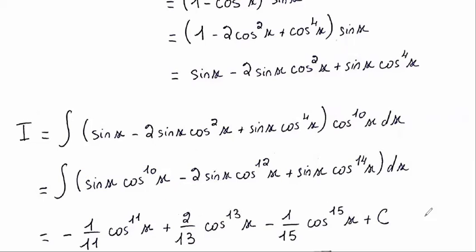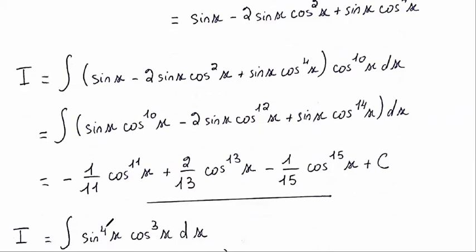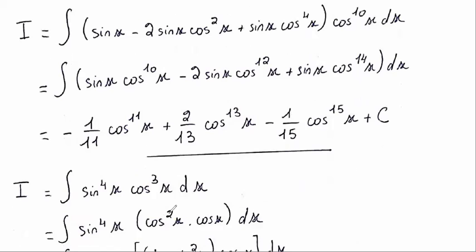Now, the same idea we can use if we have an even power of sine but an odd power for cosine. But we use it here on cosine. So we keep the one with the even power, and we work with the one with an odd power. So cosine cubed, I'm going to write it as cosine squared times cosine.